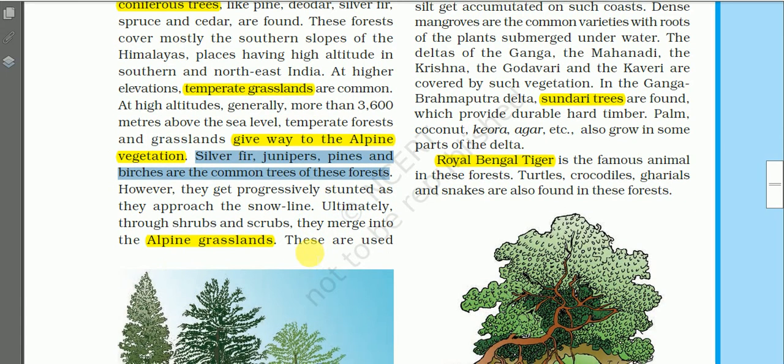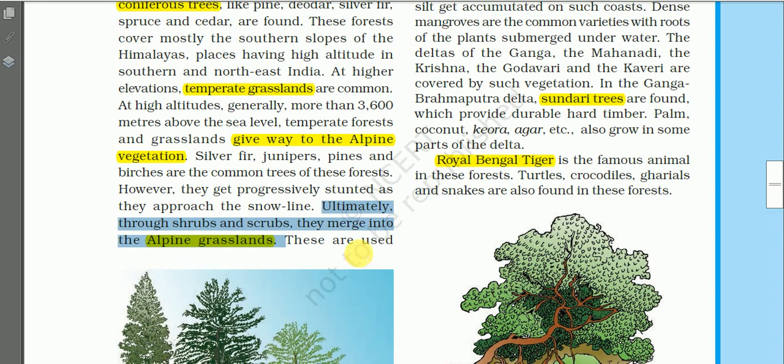After this, alpine vegetation gets progressively stunted as it approaches the snow line. When we climb up to the top of the mountain, because of the decrease in temperature and the snowfall, trees are stunted, meaning short, and ultimately through shrubs and scrub they merge into alpine grassland.